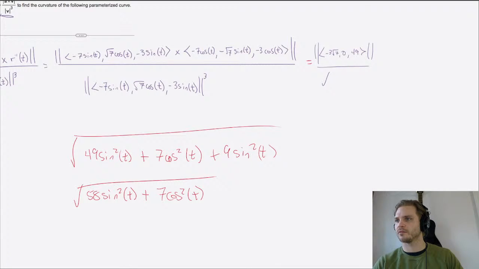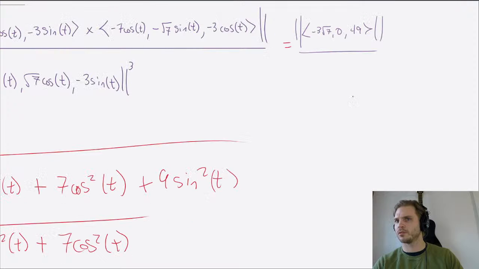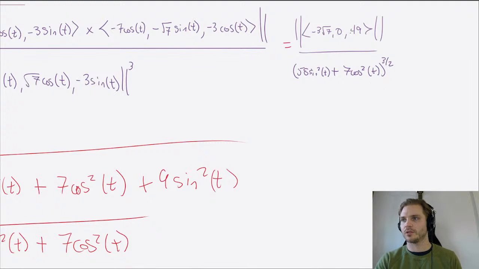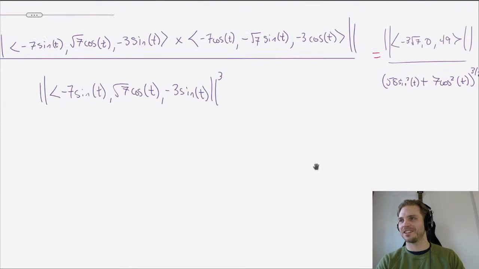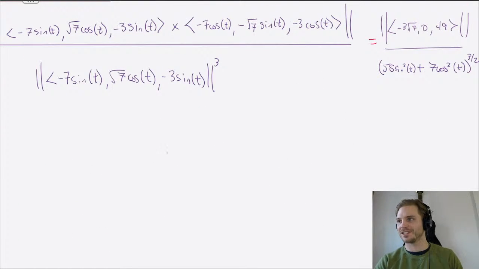So this is 58 sine squared of t plus 7 cosine squared of t. That's square rooted, and it's raised to, so I'll just raise this all to the 3/2. All right, good. Now I have to do this. Ooh, this is fun.